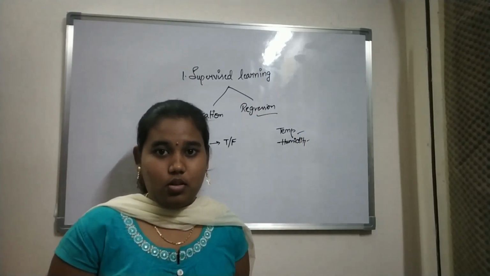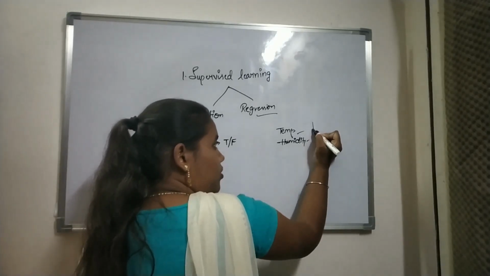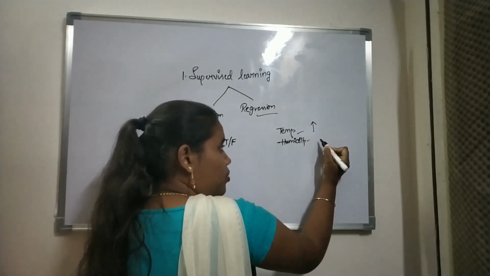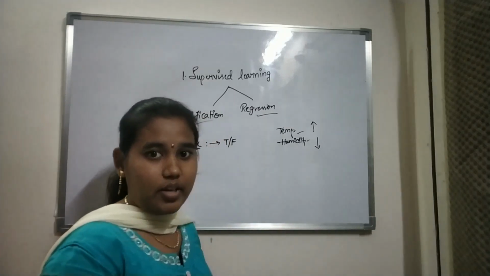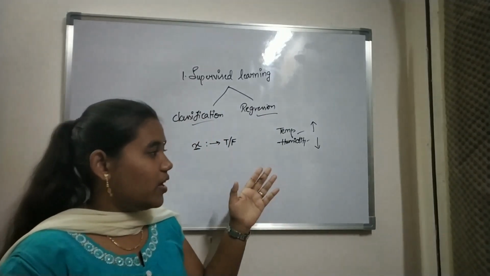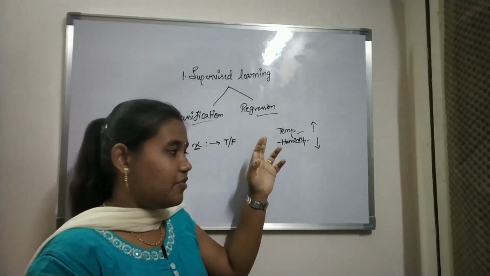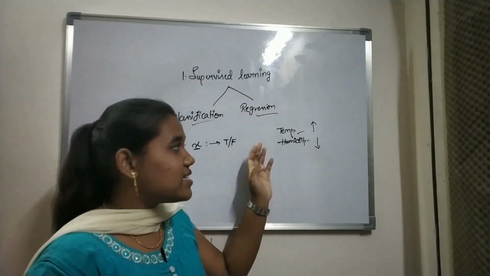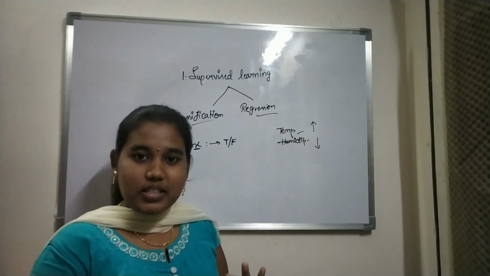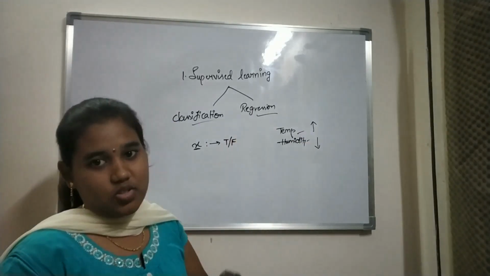Now if temperature is on the rise, humidity decreases. Okay, they are correlated to each other. Fine, they are correlated. So the change in one variable affects the change in the other variable. As they are correlated to each other, the change is affected to one another. So this is what a regression case.